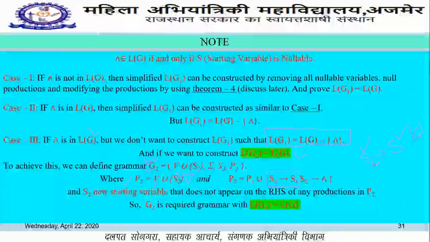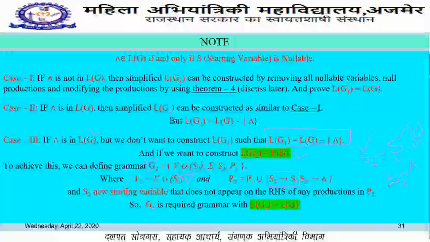S2 into a simplified grammar G2 that derives the starting variable of G simply, and S tends to null is removed and we include S2 tends to null.